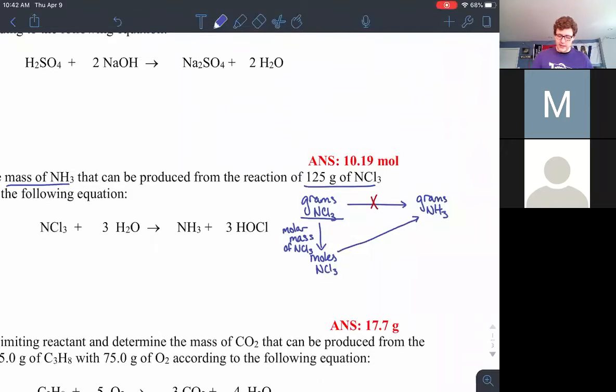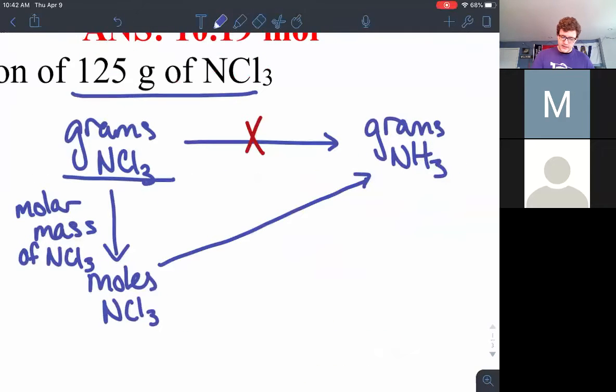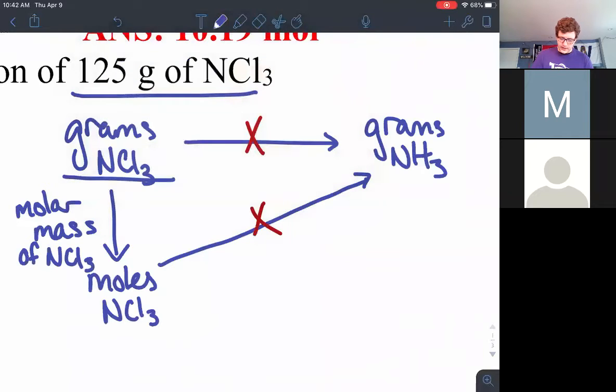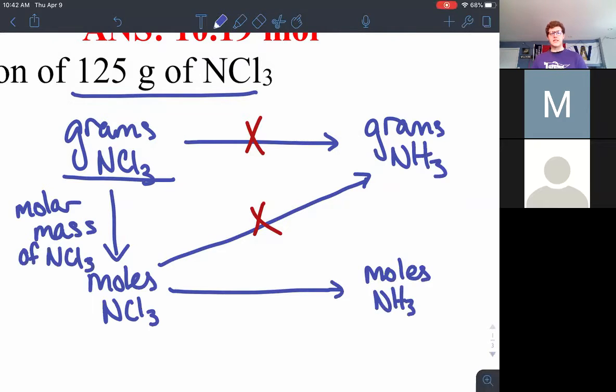To NH3. So this one, again, doesn't work because we don't have a conversion for that. But instead, we can go to moles of NH3. And what are we going to use to get to moles of NH3? Mole ratio? The mole ratio. Perfect.